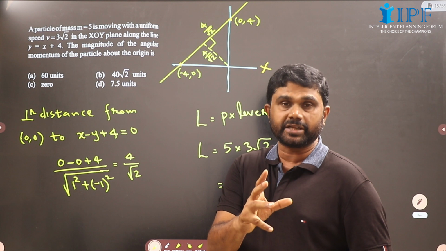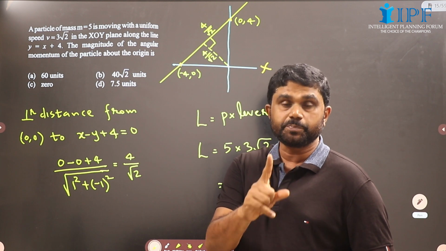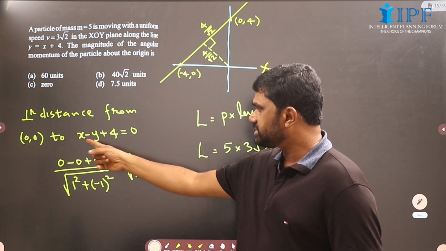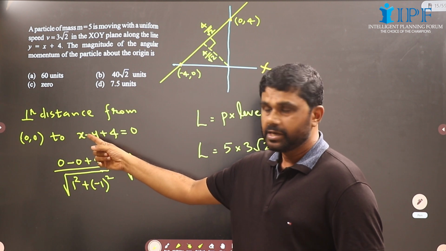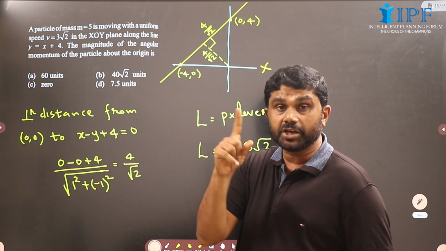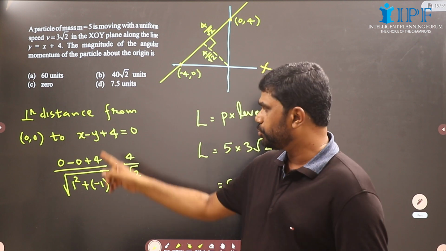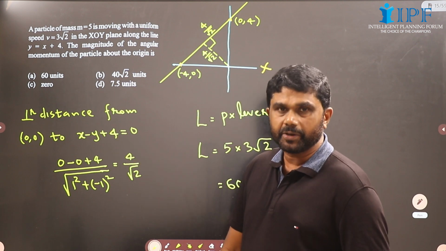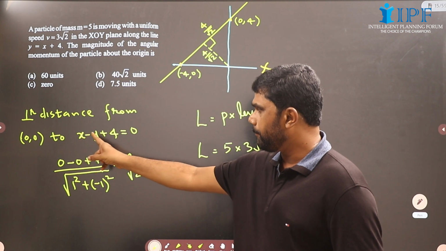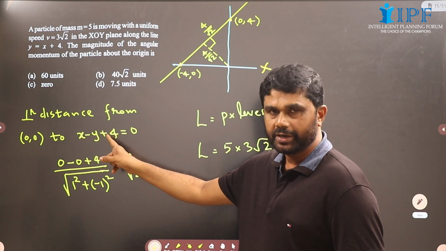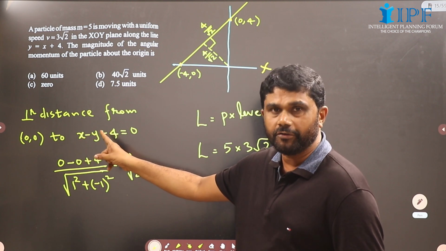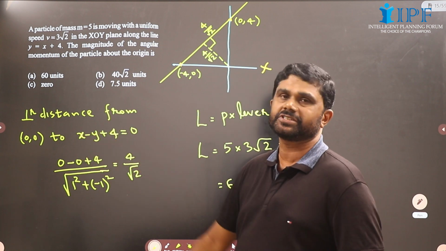If you have studied mathematics, you must know that if this is the equation of a straight line, and you want to find the perpendicular distance from say (x1, y1) to this line, it would be (x1 minus y1 plus 4) divided by root of 1 square plus (minus 1) square.